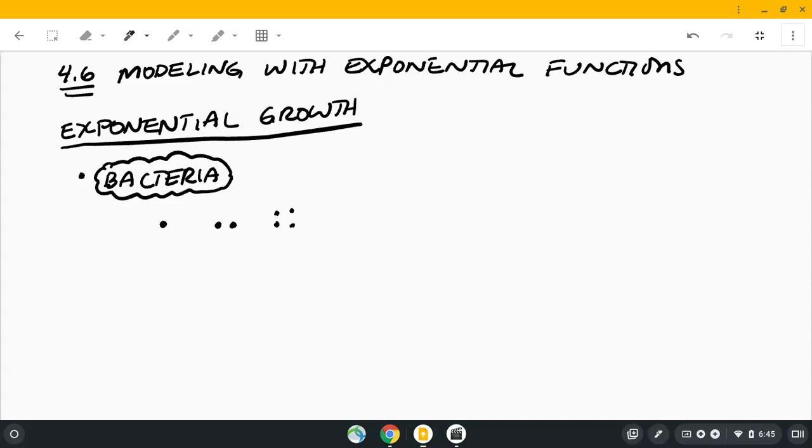And then they divide, and I have eight, and then next hour I have 16. Okay, and they just keep doubling every hour.